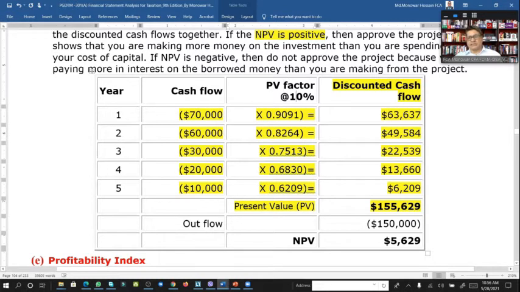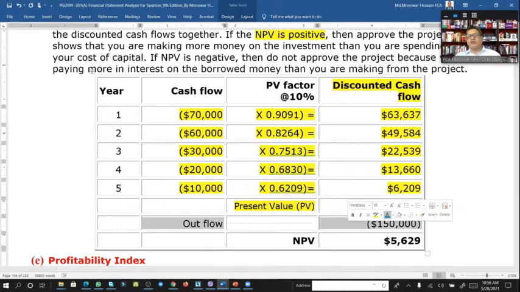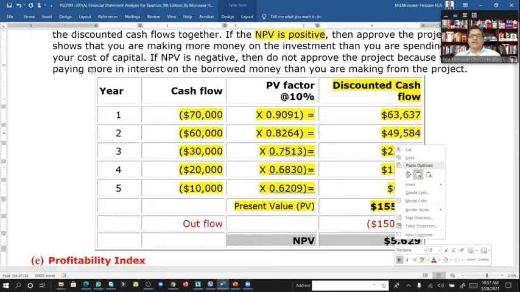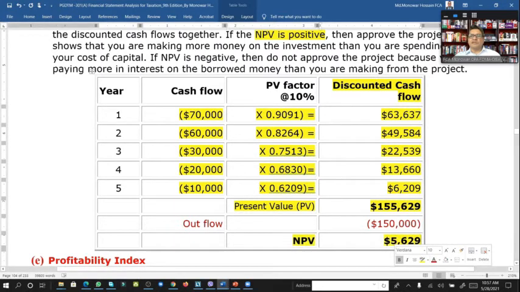The cash outflow was 1,50,000. If we adjust this outflow, we get the net present value. The net present value is positive 5,629. So this is the easy way of calculating net present value.